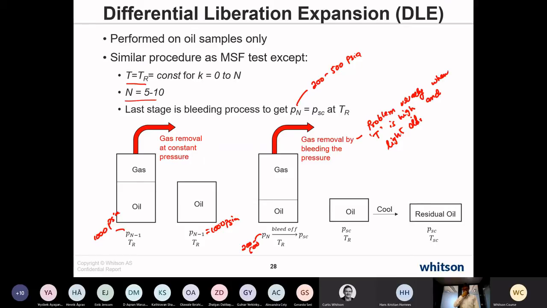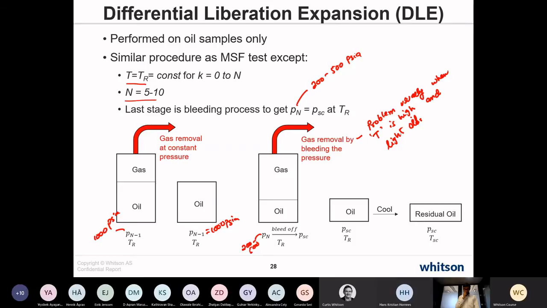So if you flash in one stage, then you get those really high K values for C7, C8, C9, C10, and you move a lot of those components into the gas phase, stripping and shrinking that oil. Whereas in the actual experiment, doing it differentially or as a bleeding process is going to give much less shrinkage of that final oil.